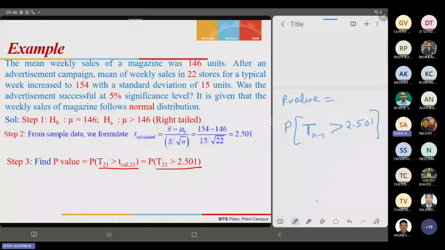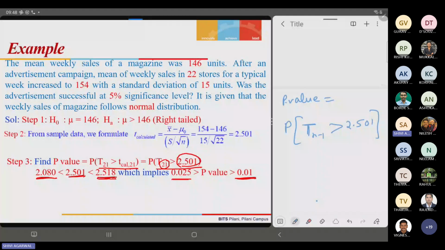So we check whether 2.501 lies in between. I am not able to get 2.501 from the table. It is not given in the table actually. So what are the values at 21 degrees of freedom? It's 2.080 and 2.518. And at what level? 0.025 and 0.01.